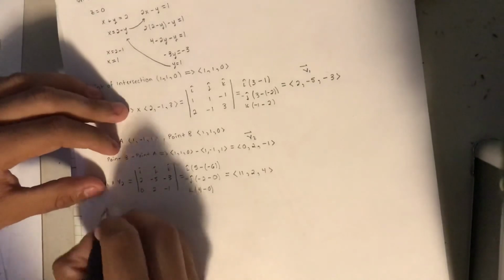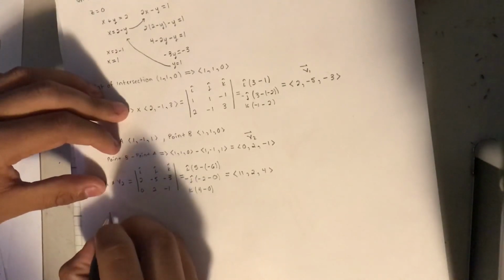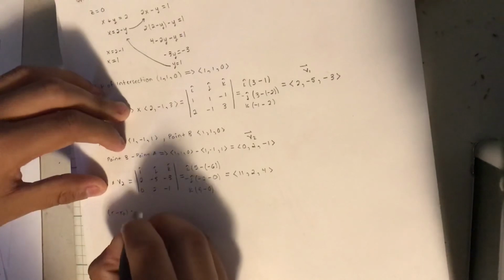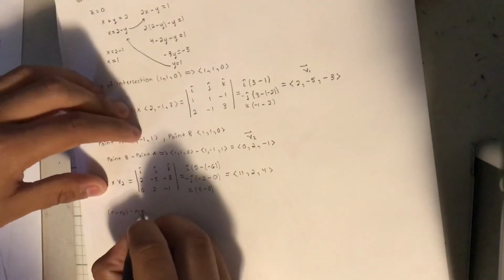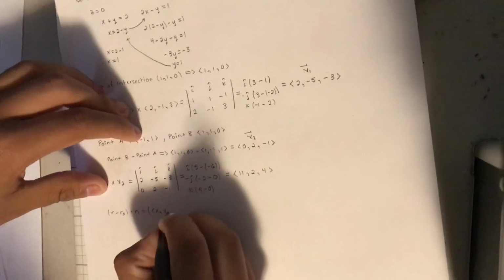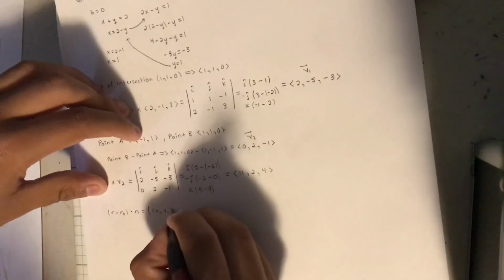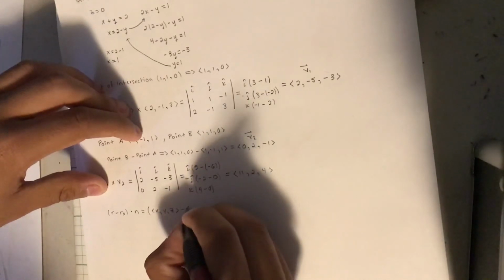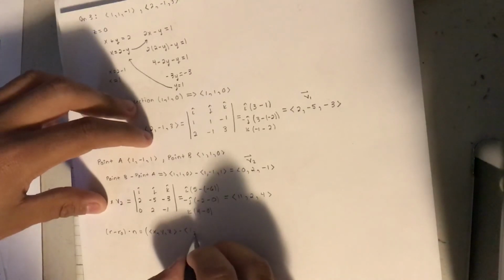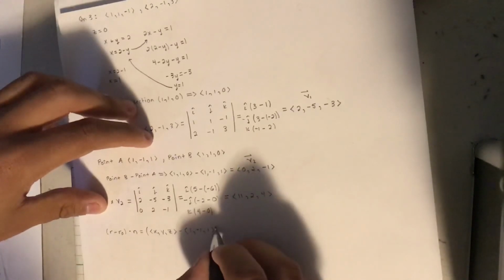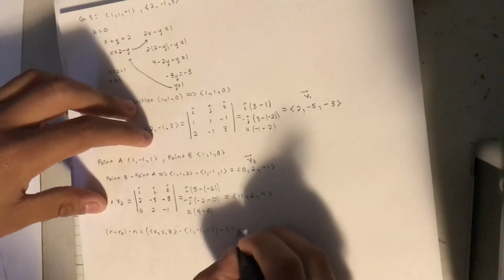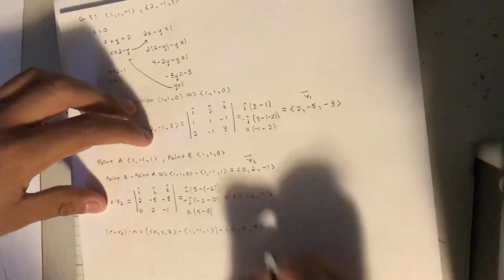So using the formula (r minus r naught) dot the normal vector equals 0, we have (x, y, z) minus the first point that we were given, (1, -1, 1), dotted with the normal vector that we found, (11, 2, 4).